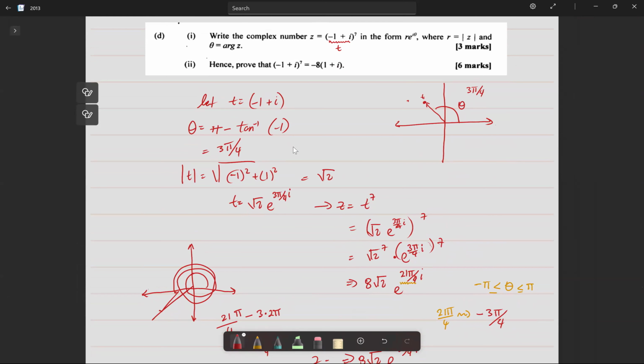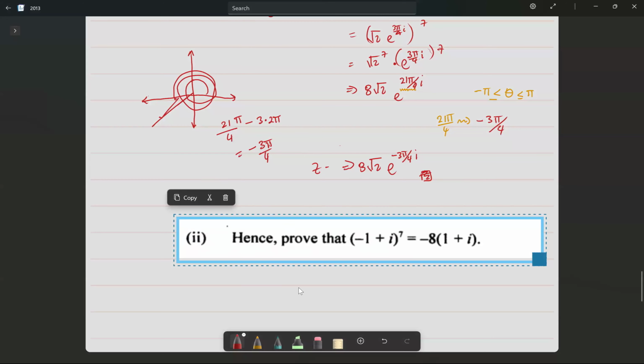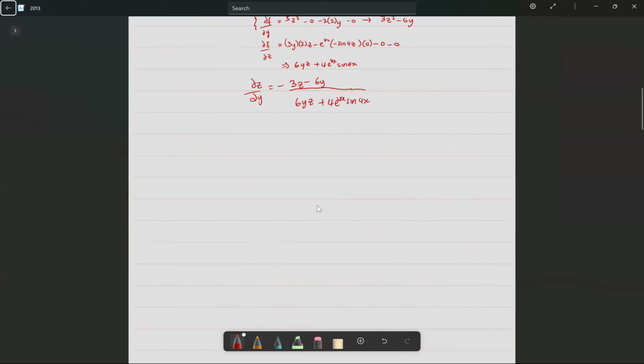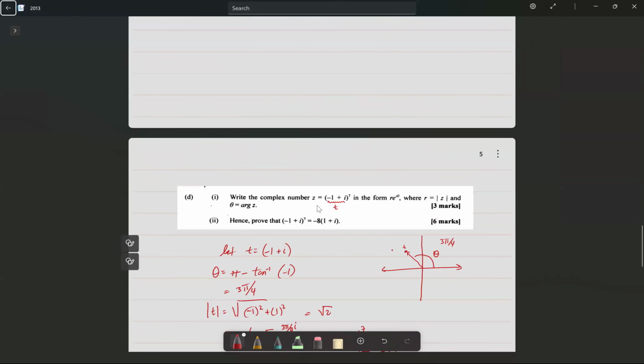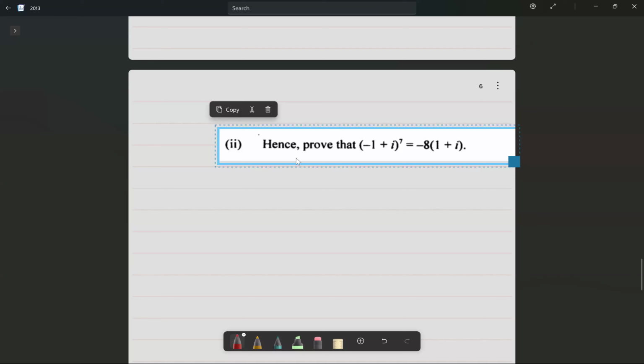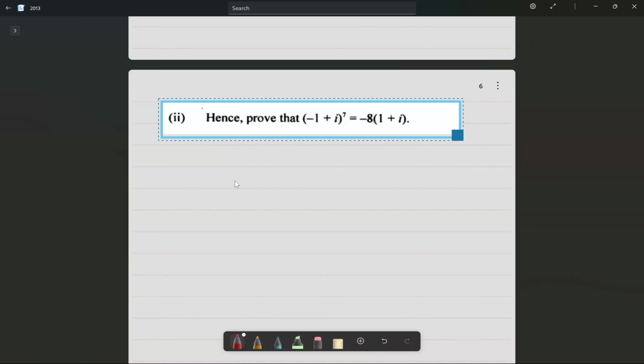Okay. Scroll down to here, paste. This section. Okay, so to prove this, we're going to start off with the left-hand side.